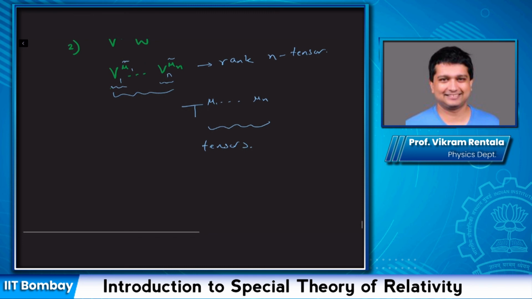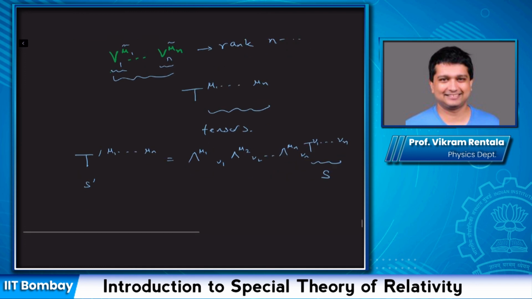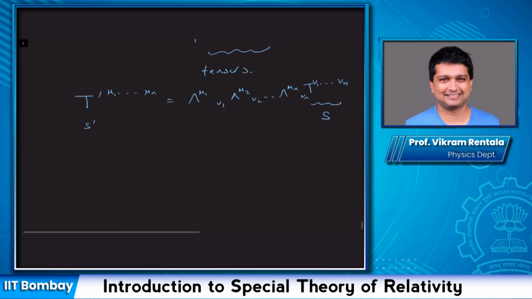And the transformation law for tensors we wrote down looks like this. So in the frame S prime, the tensor T is related to the tensor in frame S through these transformations in index notation, where T is the tensor in frame S. Okay, and we also saw that we can construct mixed tensors.